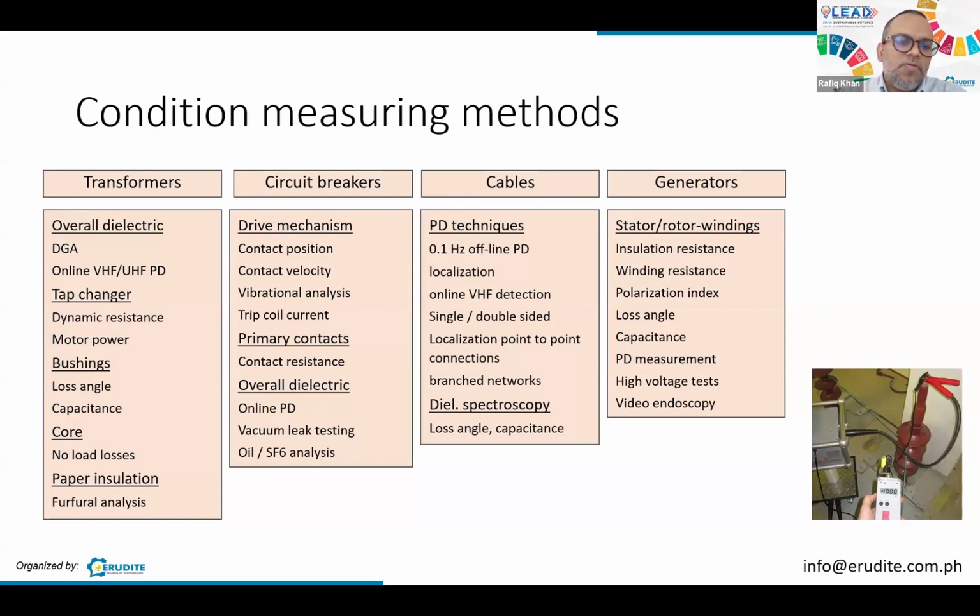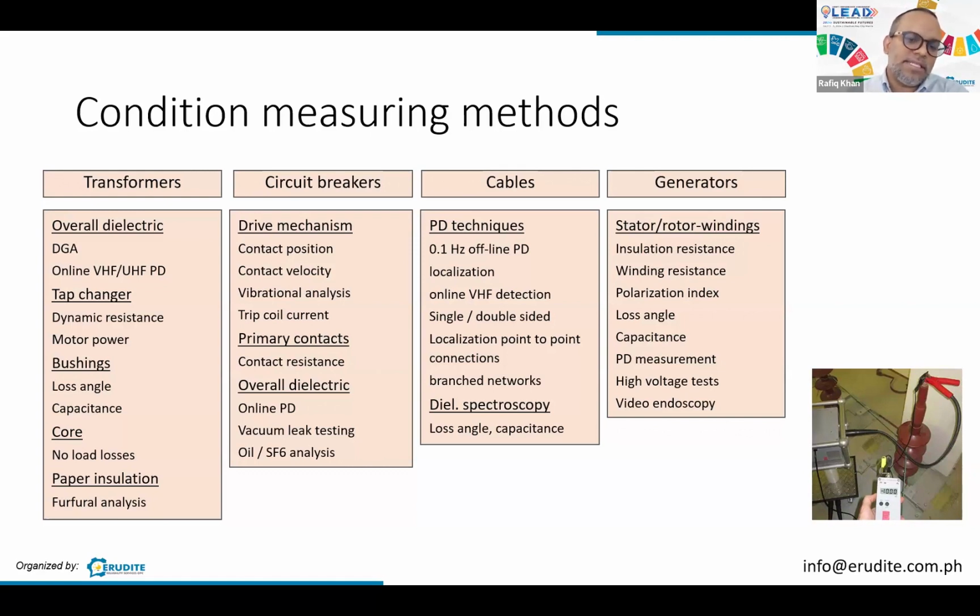So if you do it for a circuit breaker, for example, your contact position, they call it a white position, contact velocity, vibrational analysis, trip coil. These are all part of the mechanical part of the circuit breaker. It gives you an indication of whether or not a load can be broken fast enough, whether or not it is reliably and repeatably doing the work. Then you look at the primary contact inside of the vacuum interrupter.